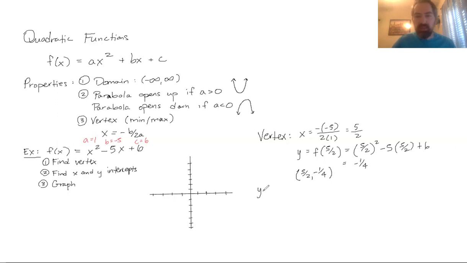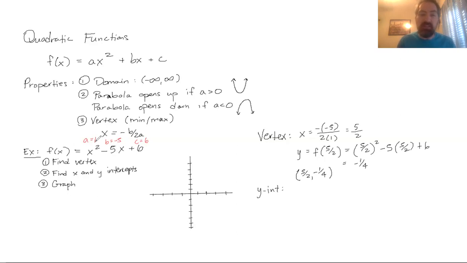All right, so next, I'm going to start with the y-intercept instead of the x-intercept first, because the y-intercept is easy to find. You don't have to show any work here. The y-intercept is found by letting x equal 0. But if you let x equal 0, then this x squared term is going to be 0. 0 squared is 0. And negative 5x is also going to be 0 because negative 5 times 0 is 0.